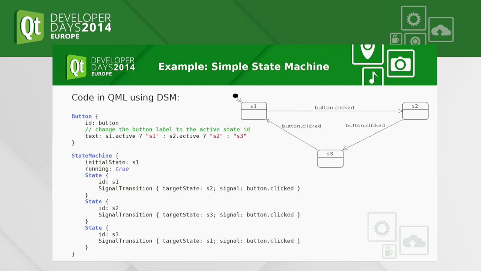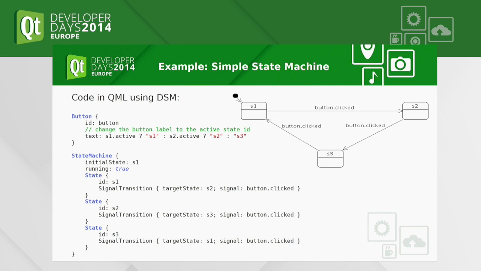Now, with the declarative syntax we've added just recently, this can get a bit easier, and you can do it, that's the special thing, in QML. So you create a button instance, that's from Qt Quick Controls, for example, and bind the text to the activeness of one of the states.